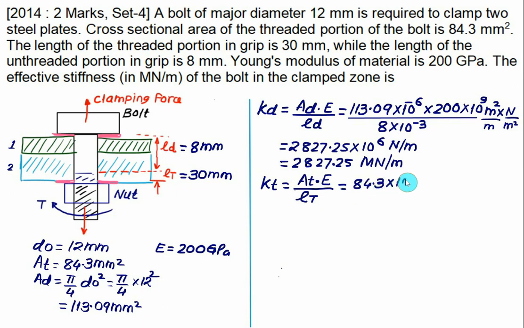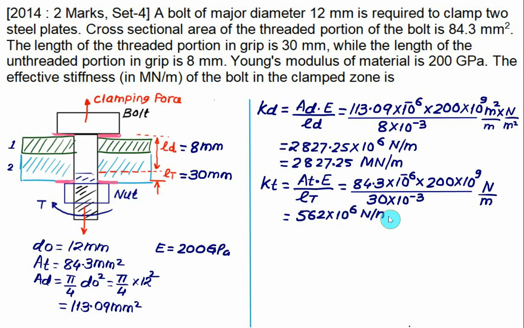Again you multiply by 10 to the power minus 6 to get meter squared. Young's modulus is 200 gigapascal, 200 into 10 to the power 9, divided by the length of the threaded portion, 30 mm, which you take in meters as 30 into 10 to the power minus 3. The unit of stiffness will be the same, Newton per meter. So we have the stiffness equal to 562 into 10 to the power 6 Newton per meter, the same as 562 mega Newton per meter.